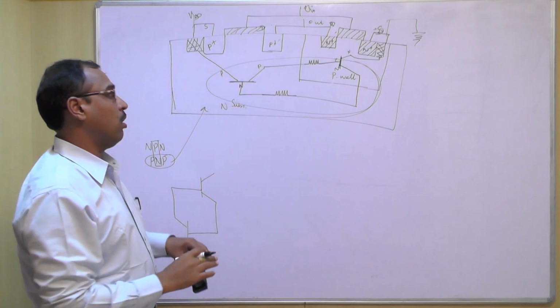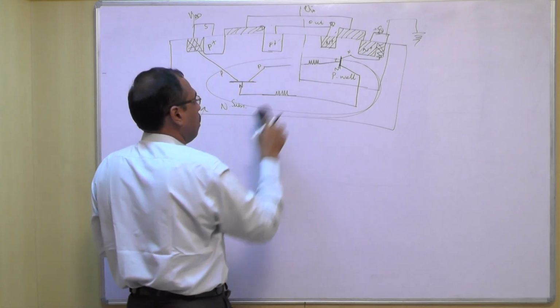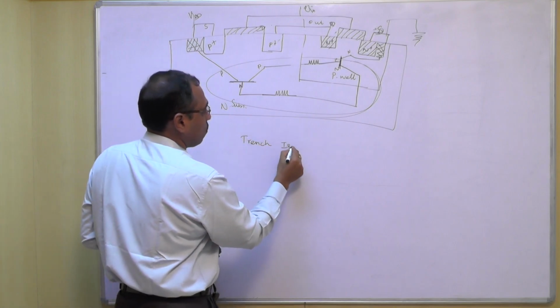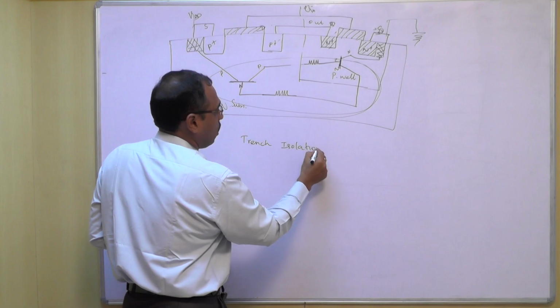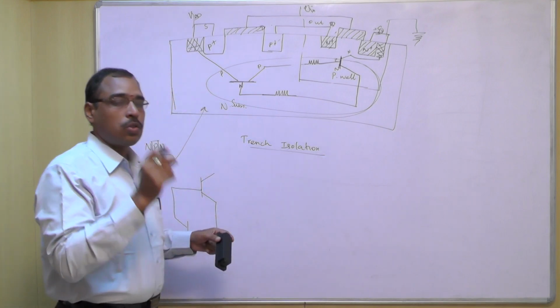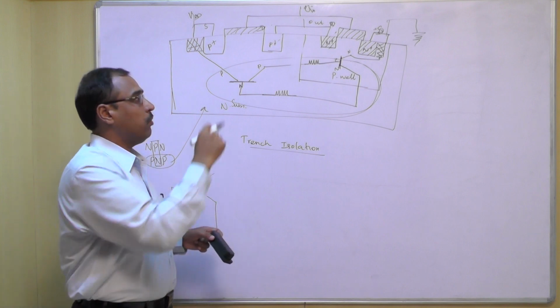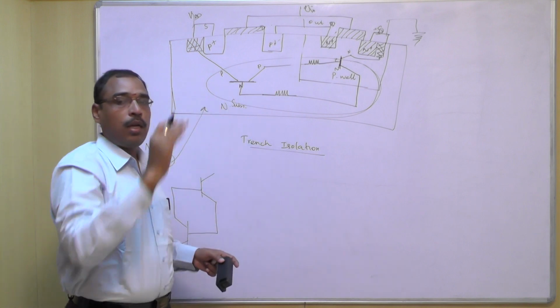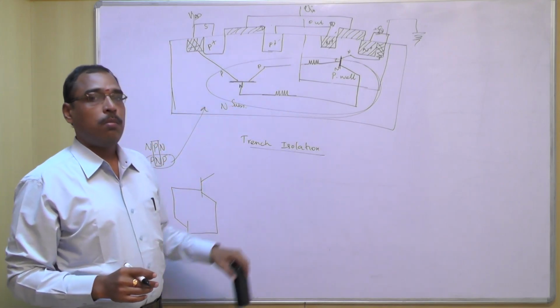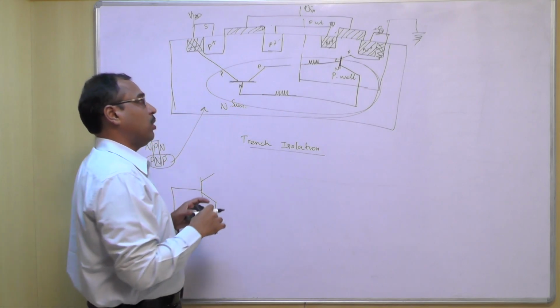One way of avoiding the connection is trench isolation. What a trench is: we need to create a small trench between these two transistors, N-well and P-well, NMOS and PMOS transistor, by means of the photolithography process.